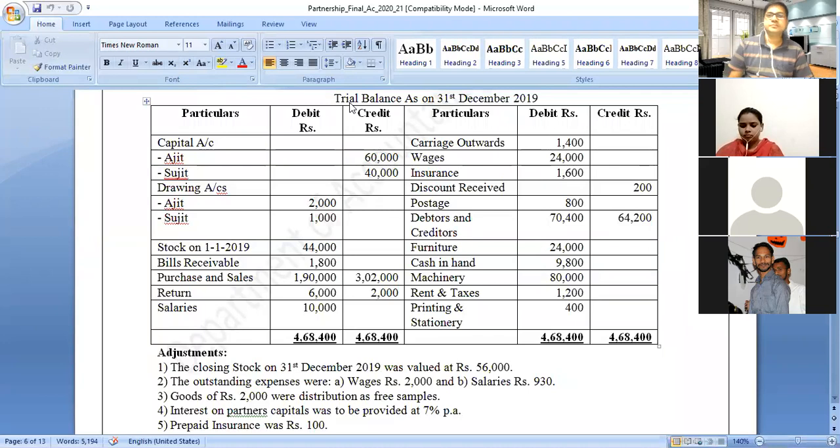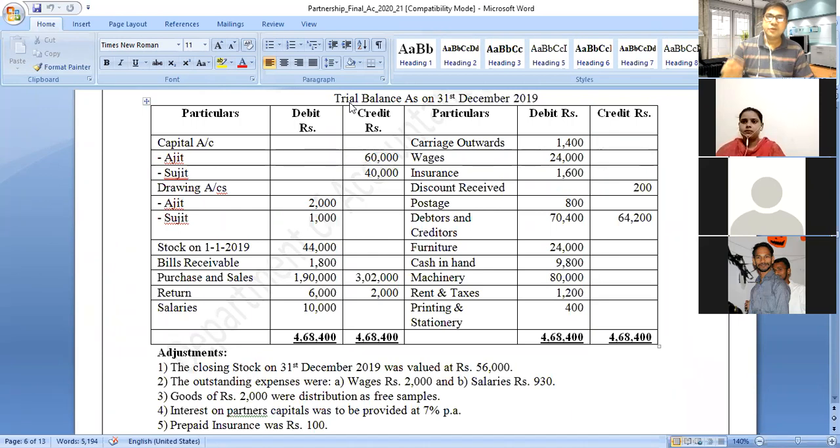Okay, right. Both are right. Sachin Gupta is right. He has given the right answer. First effect, we have to give profit and loss account debit side: interest on capital, Ajit's 4,200 and Sujit's 2,800.